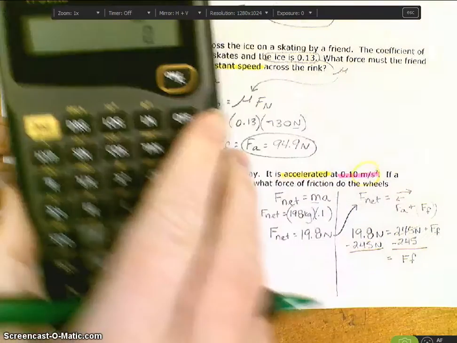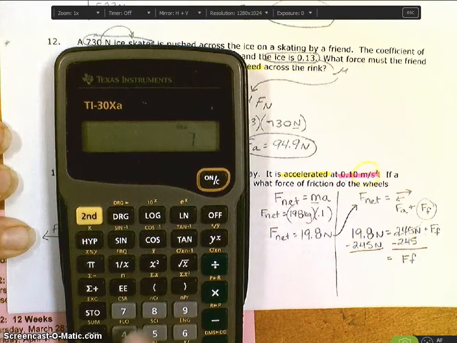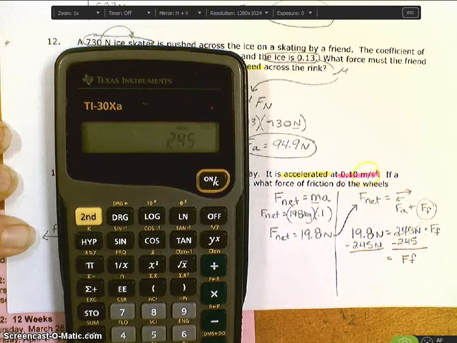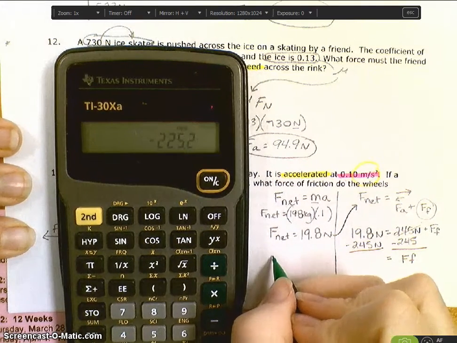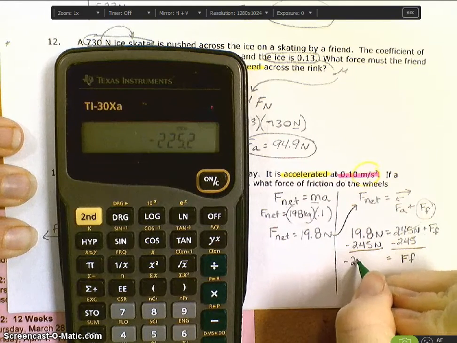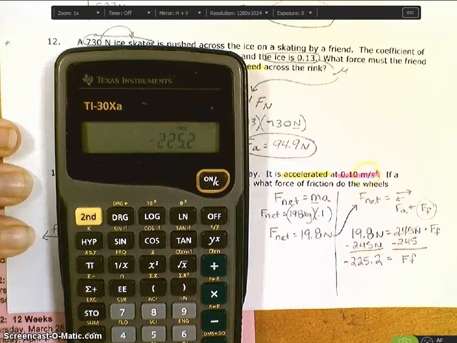And on this side, 19.8 minus 245, I end up with negative 225.2.